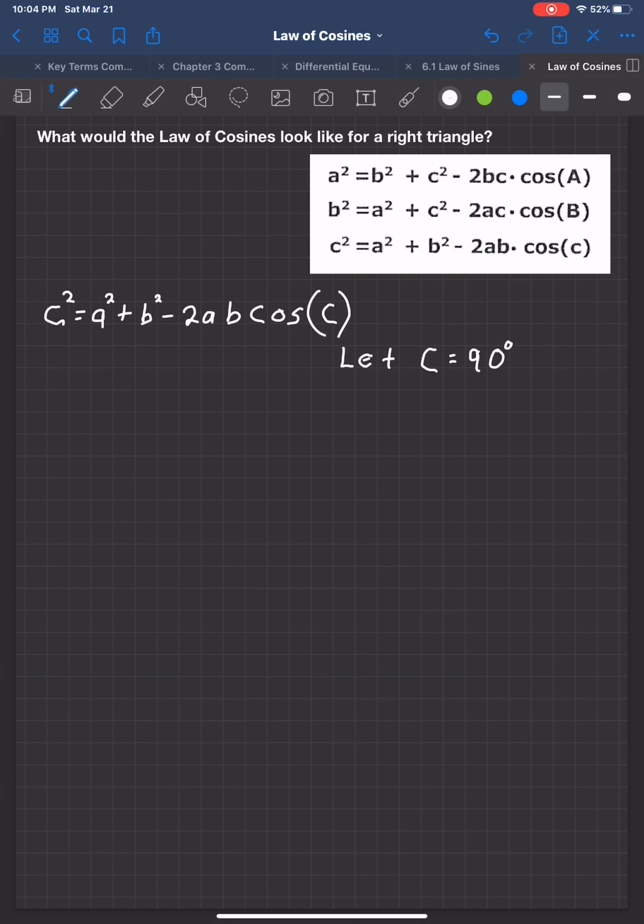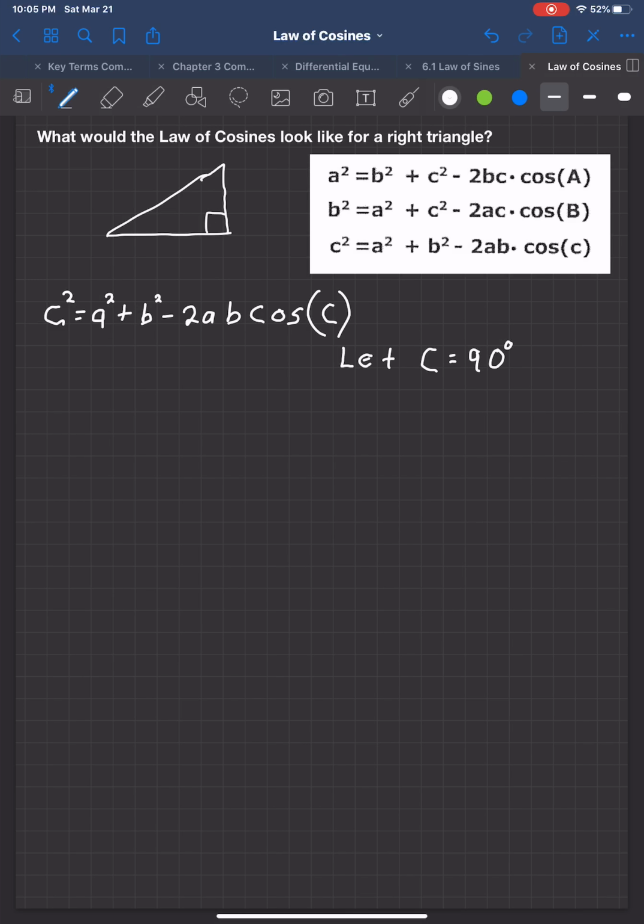Okay, so let me ask you just a quick question. What would the law of cosines look like for a right triangle? Right, so just a more advanced question. Not really advanced, but it's an aside. Tell me.